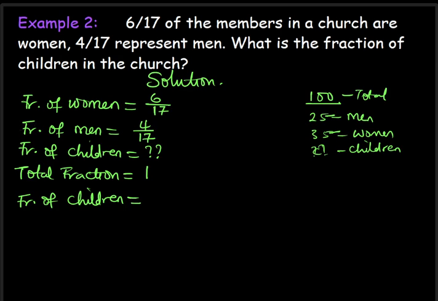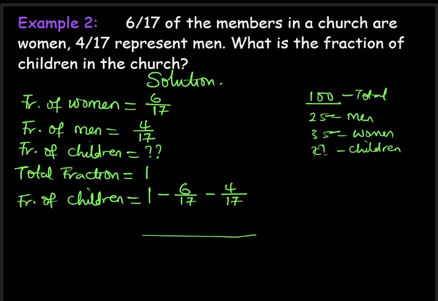So the same thing now, we are now in the fraction system. So in fraction, what do we do? The same principle, your total fraction minus the fraction you've given for women and minus the fraction you've given to men. So that will give us 1 minus 6 over 17 minus 4 all over 17. So we get our LCM.